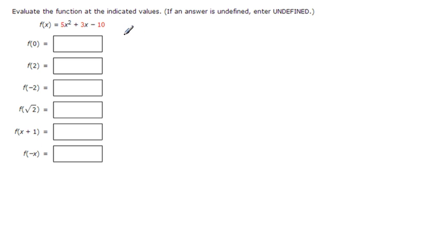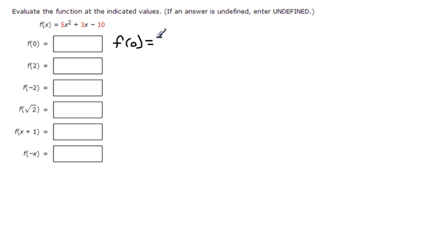So let's do the first one, f of 0. If we plug something into the function f of x, we have to square that value, multiply it by 5, multiply it by 3, and subtract 10, and then combine like terms. So that's exactly what we're going to do here.